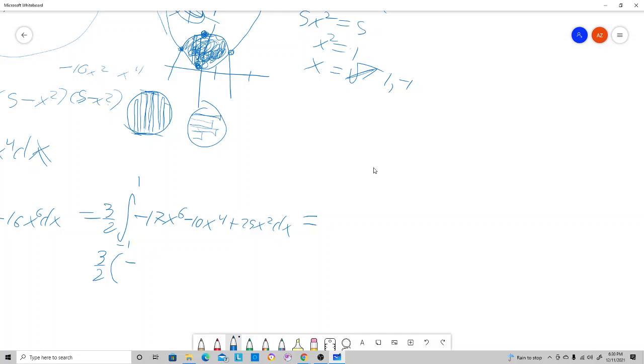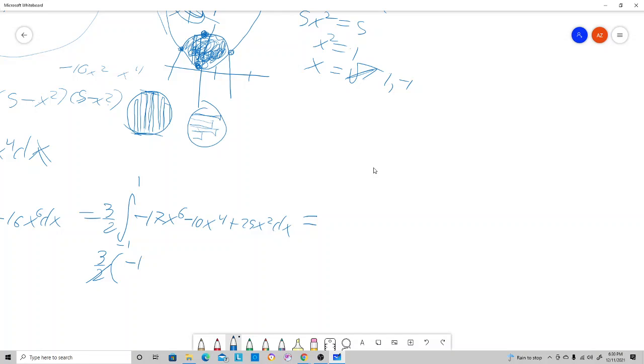That means, because they have the same bounds with opposite signs, you can multiply by 2 and get the same area. So let's multiply by 2 right away and get rid of this 2. Now this makes it easier, since we can just integrate from 0 to 1 and get the same thing.